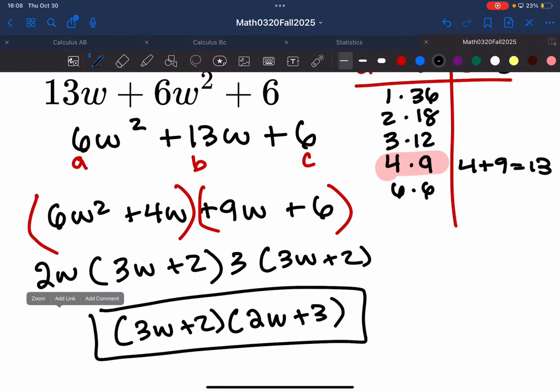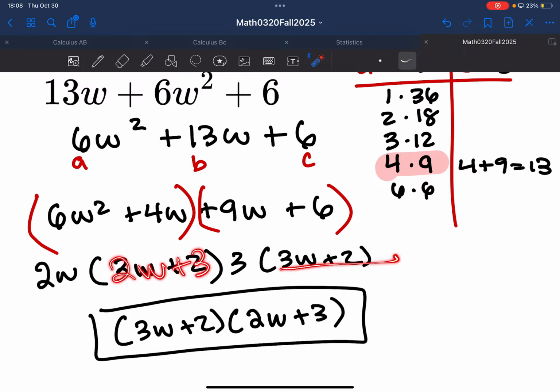How come we couldn't put the 9 with the 6? You could have. You mean like switch these? Yes, you could have done that, and the only difference is you would have got 2w plus 3 inside the parentheses and 3w plus 2 outside.